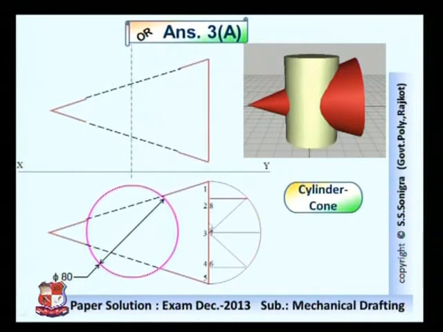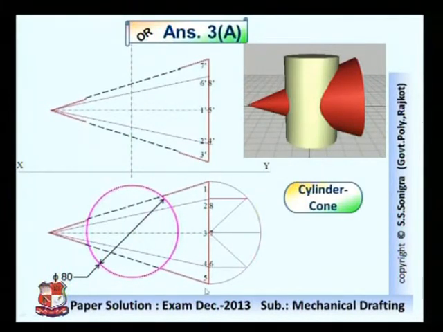Name the endpoints: point number 1, 2, 3, 4, 5, 6, 7 and 8, and from all these points join them with the apex point O over here. So O1, O2, O3, O4, O5, O6, O7, O8 are the imaginary generators drawn over the periphery of the cone.